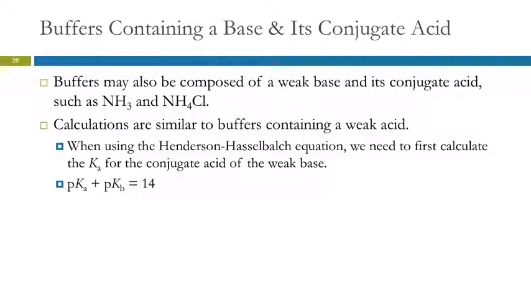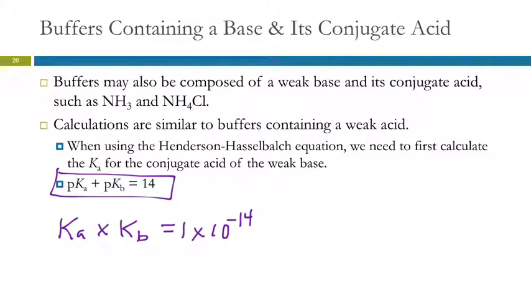So we learned in a previous chapter that Ka times Kb equals 1 times 10 to the minus 14. This is also true: pKa plus pKb equals 14. It's the same relationship as pH and pOH. So if you know one, you can find the other one fairly simply.